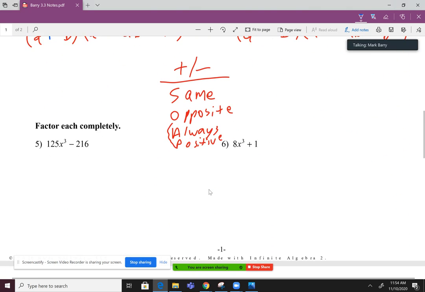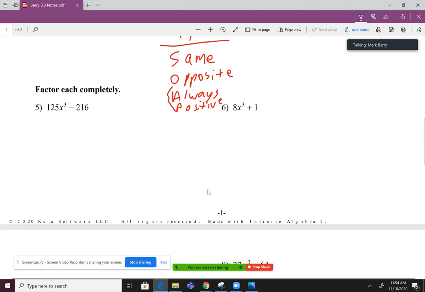Okay, so let's build our parentheses here. I'm going to build one small one and one big one. For the small one, I'm going to take away the cubes, okay? So 125, if I take away the cube, goes down to just 5. It's like I'm going backwards in that list, okay?